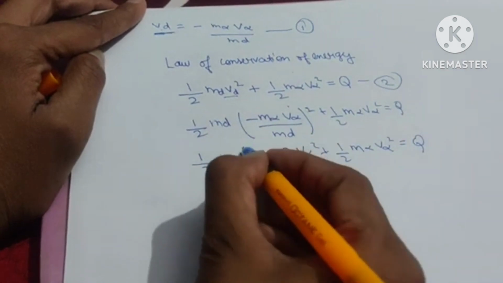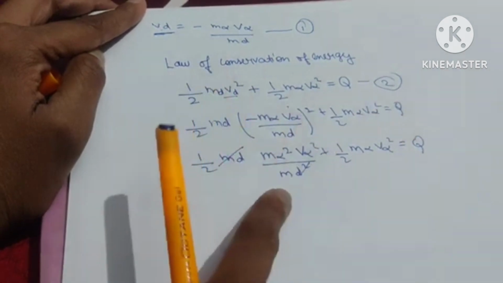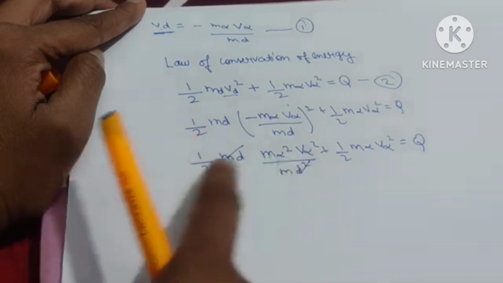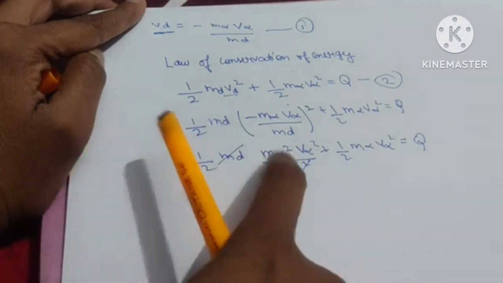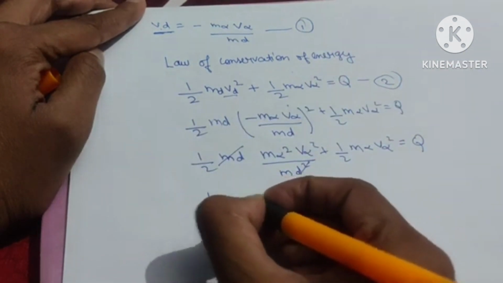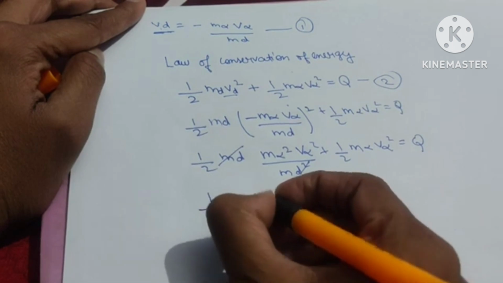One md will cancel here, and now we take common half m alpha v alpha square.